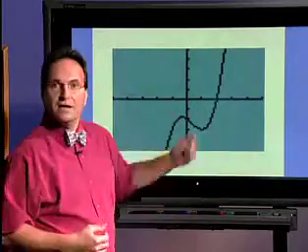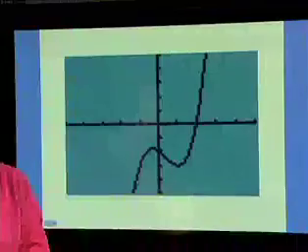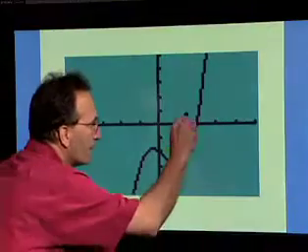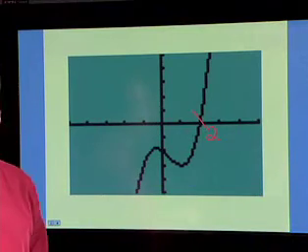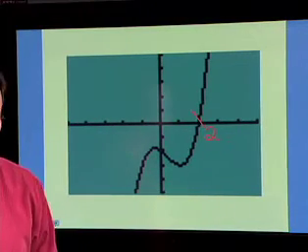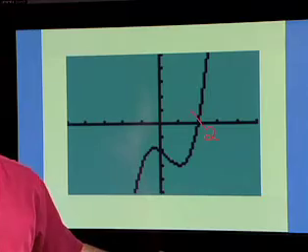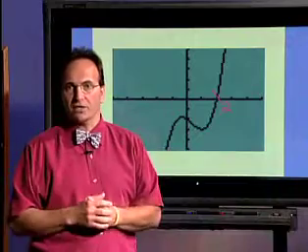And we can see from the grapher that in all likelihood, 2 is an intercept, and therefore 2 is a 0 of that function. So you can start off knowing that x minus 2 is one of the linear factors of that function.